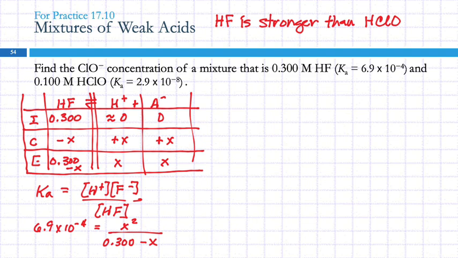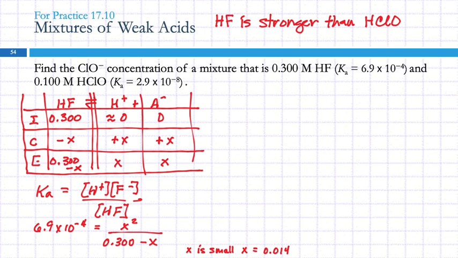If you're good with math, you can do the X is small approximation without writing anything down. So for X is small, I get X equal to 0.014.